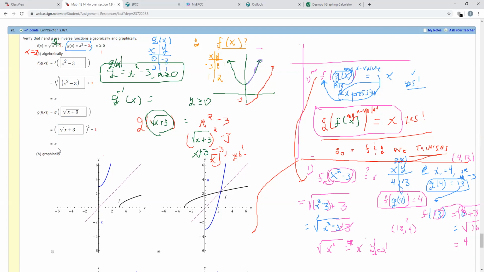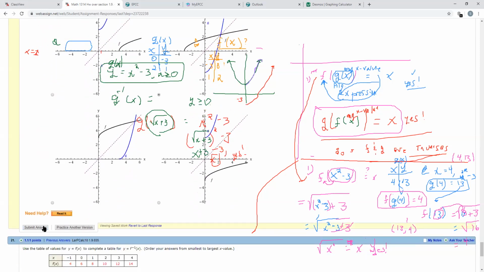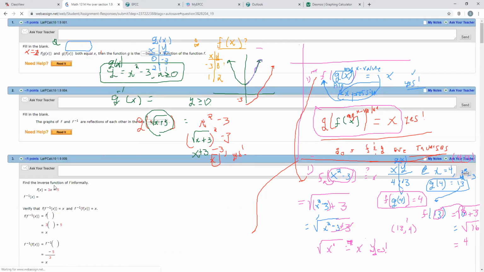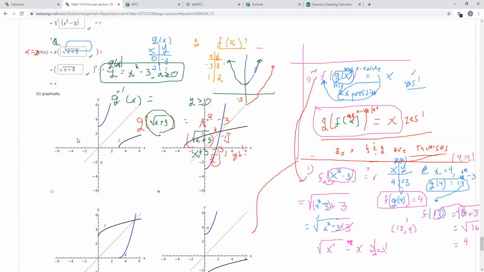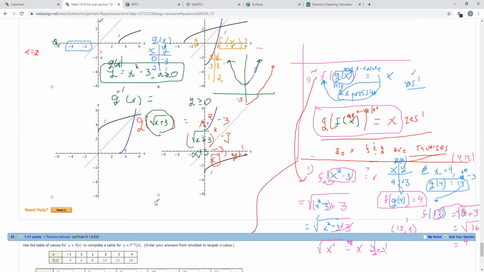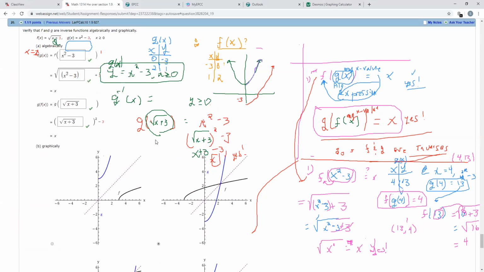Okay, so because these two compositions get reduced back to the original x value, therefore, by the definition of inverse functions, these two functions, f and g, are inverses. So they liked our answers here, and we checked this graph, and they liked that as well. So that means everything is correct. So let's continue. Hope that made sense.